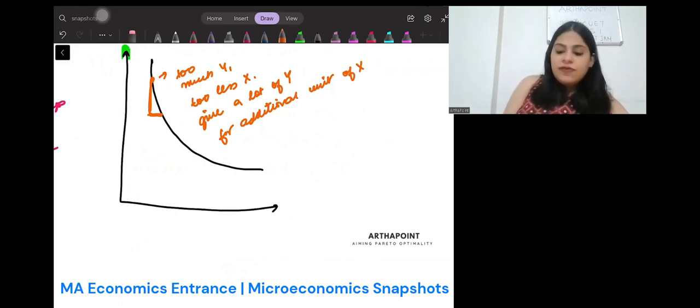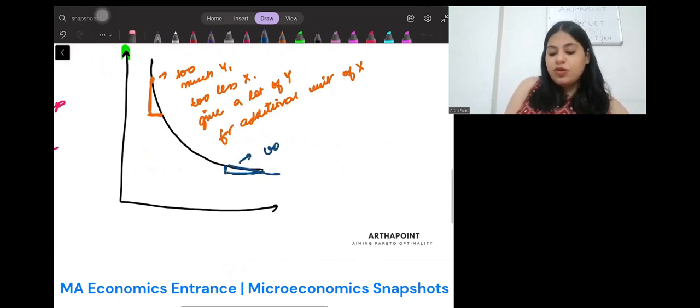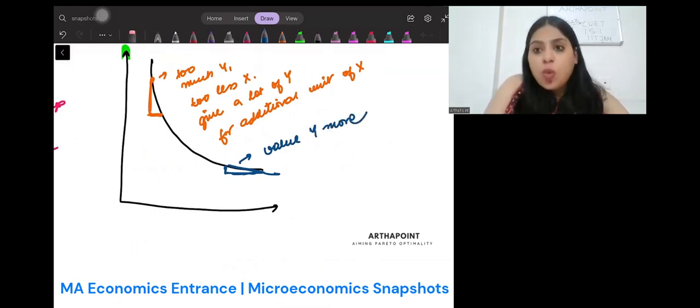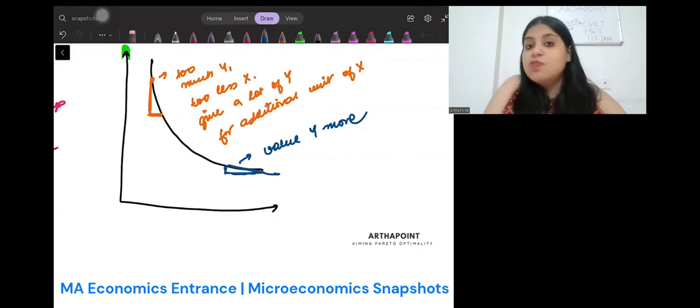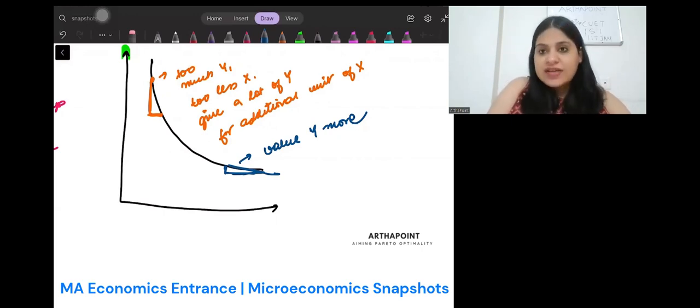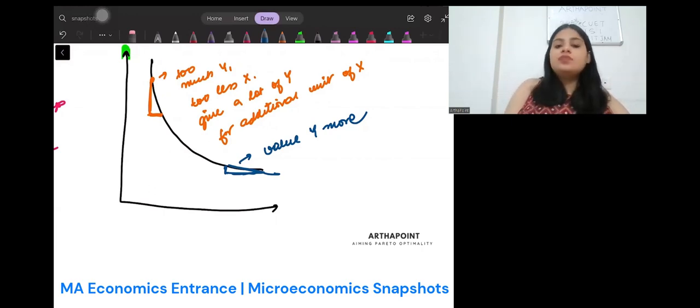But now, when you go to a point like B, he has very less of Y and too much of X. So he will be giving up very less Y for an additional unit of X. He is going to value Y more here. So how much Y he is willing to give up for an additional unit of X depends on the value of Y and X, whether he has more Y or less Y. That will decide it, right?